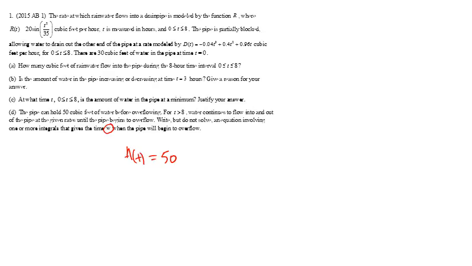Okay, so I take that same equation, I substitute in 50 for A of T, and then I have 30 plus the integral from 0 to W of R of X minus D of X dx, and that's the equation right there. I just plug in the amount when it's going to overflow, which is 50, and the time at which it's going to overflow, W, and that's the equation that would give me the time at which the pipe will begin to overflow.